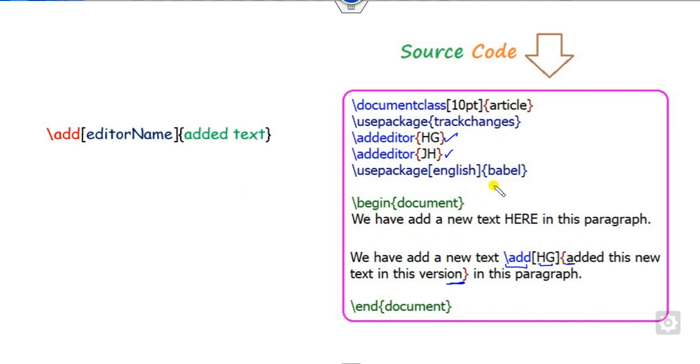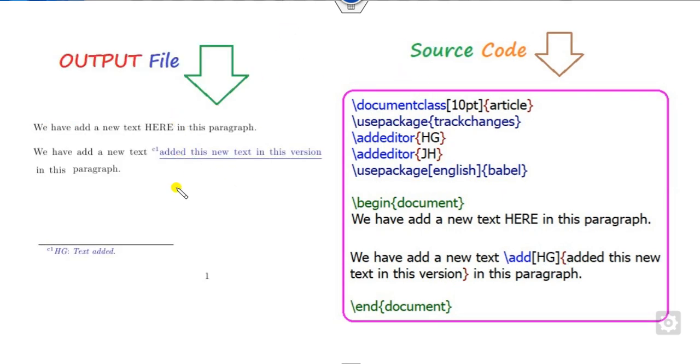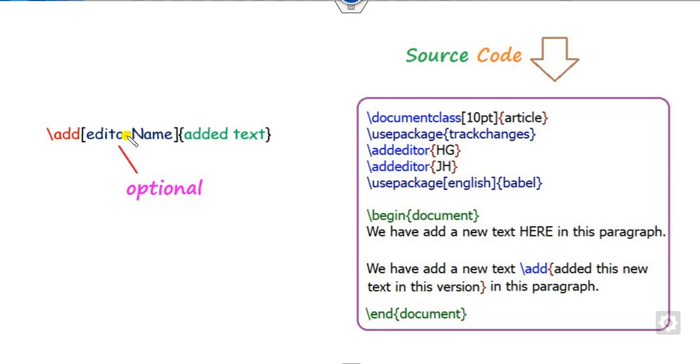Once you write this in your LaTeX file and run it, the output will be like here. You can see C1 in the heading, because HG is here as the editor name. So it means this new text is added by the author HG. Also, remember that this editor name is optional.